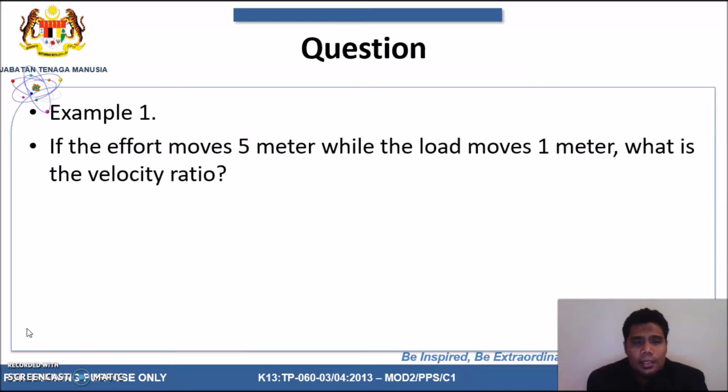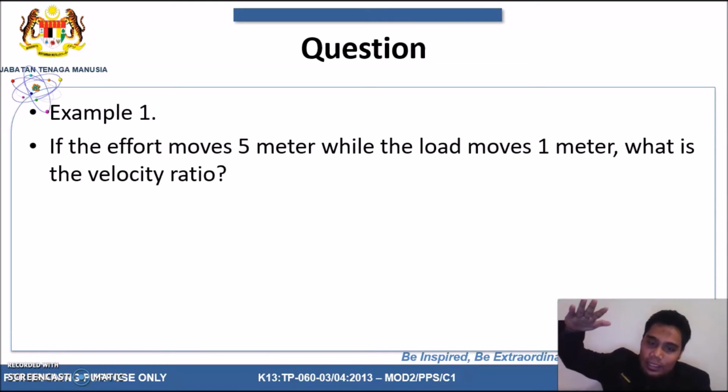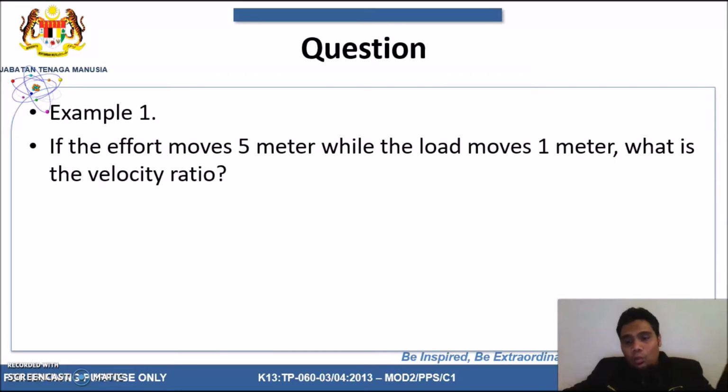Okay, let's take a look at the question, example 1. If the effort moves 5 meters, so we apply an effort, we press and it moves 5 meters, while the load, the weight at the end, moves 1 meter. What is the velocity ratio or movement ratio? We must remember, the velocity ratio is equal to input distance per output distance.